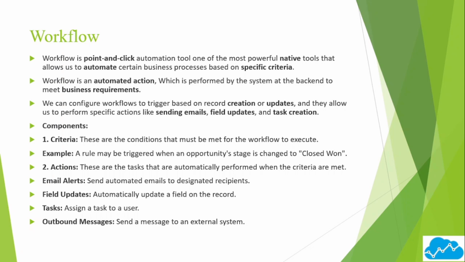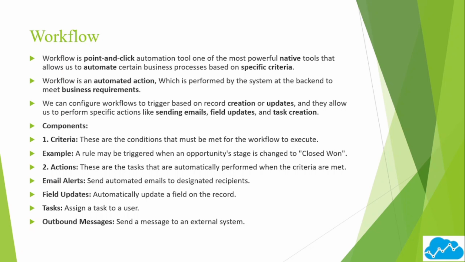What are the components required to create the workflow rule? In that, the first one is criteria. These are the conditions that must be met for the workflow to execute. So without meeting the criteria, any workflow is not going to execute or perform.